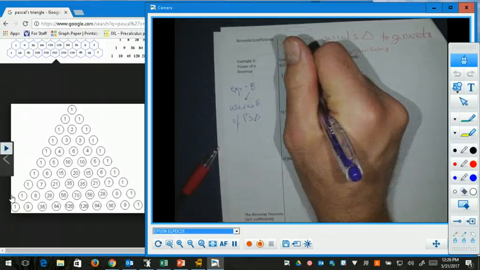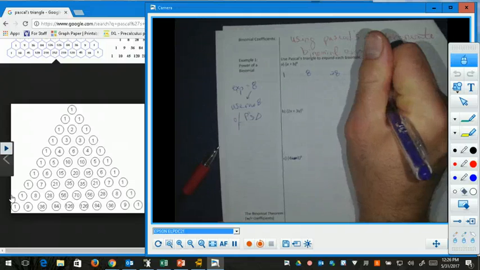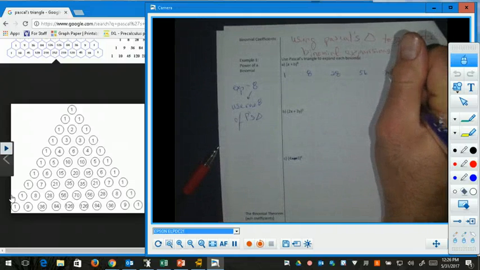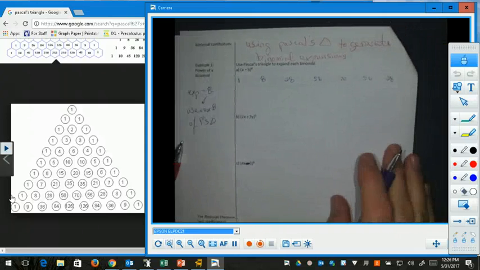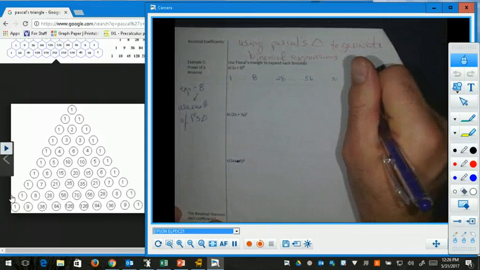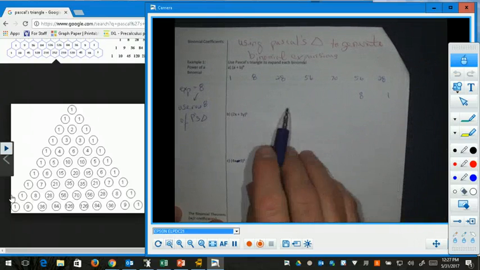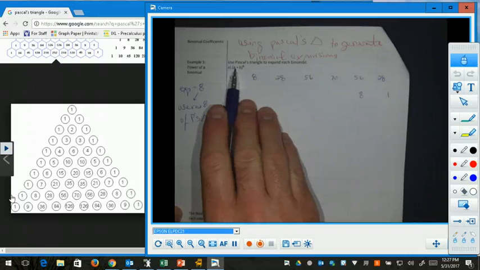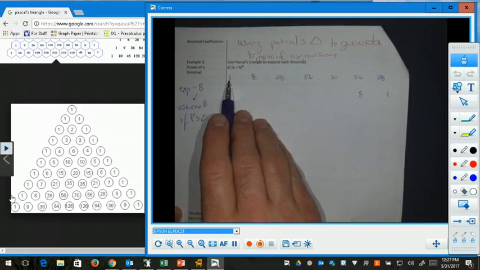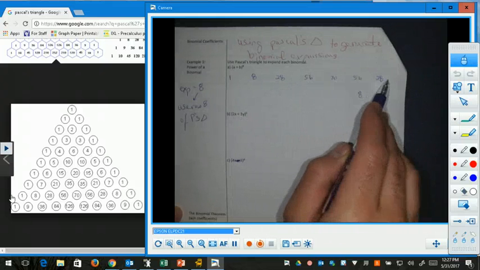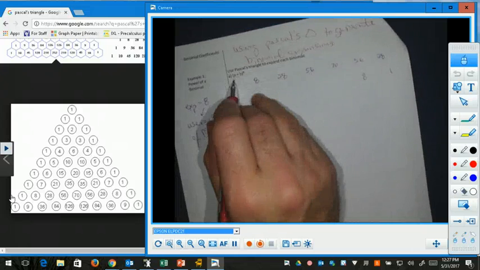It is 1, 8, 28, 56, 70, 56, 28, 8, and 1. Now the reason I left space there is because I have these next to it. And so let me just make sure this is going to be 0, 1, 2, 3, 4, 5, 6, 7, 8.